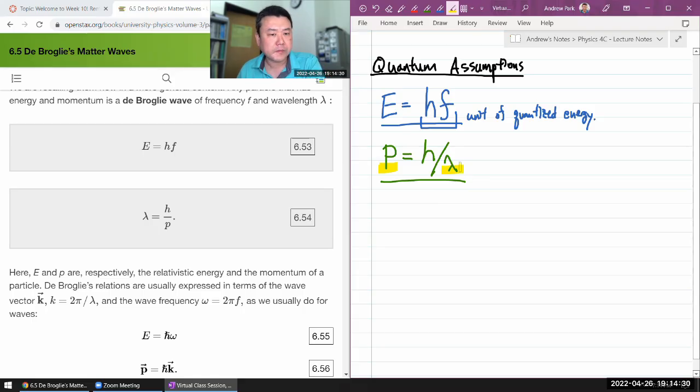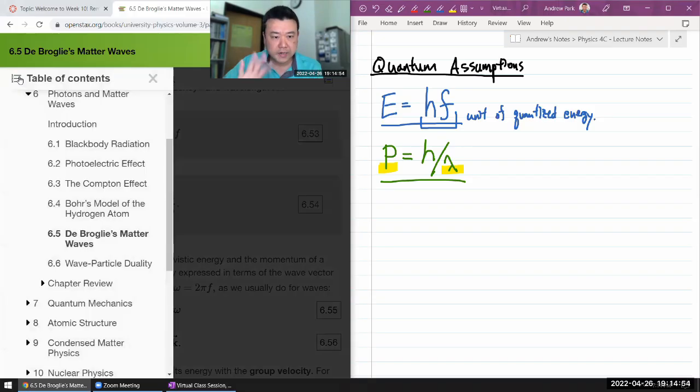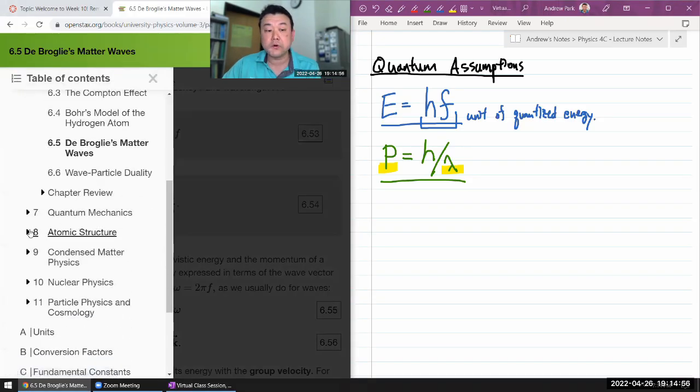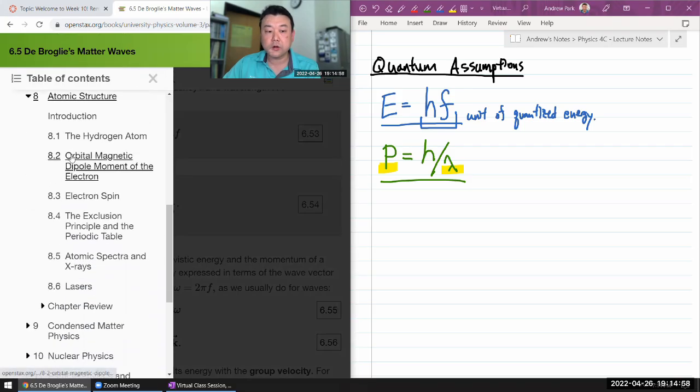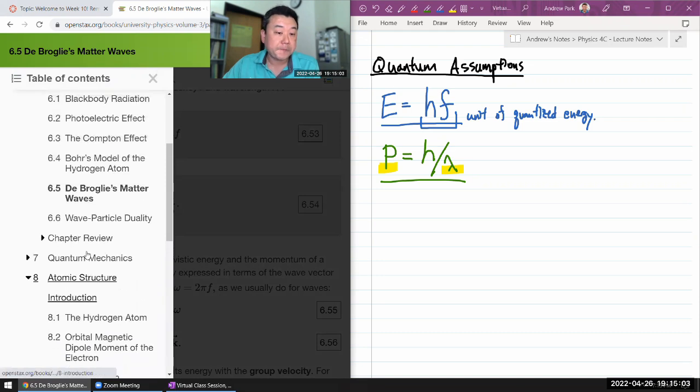And in this short lecture I want to introduce one more quantum assumption that you're going to see later this week. This is going to turn out to be fundamentally important in many different areas, and in the context of this class you will see its role in chapter 8 as we talk about the atomic levels and all that.